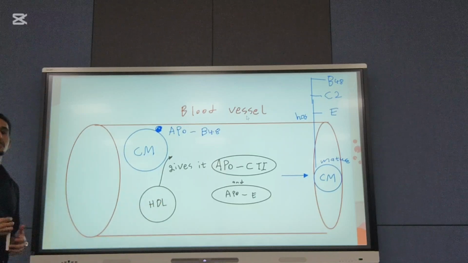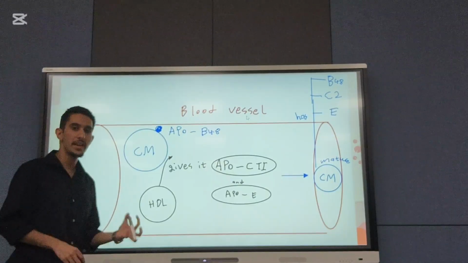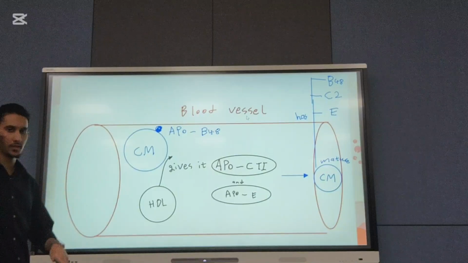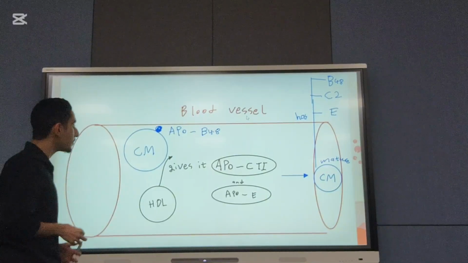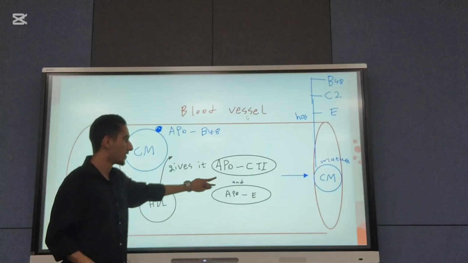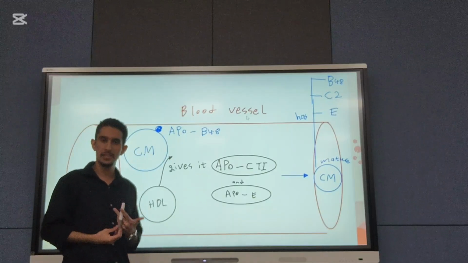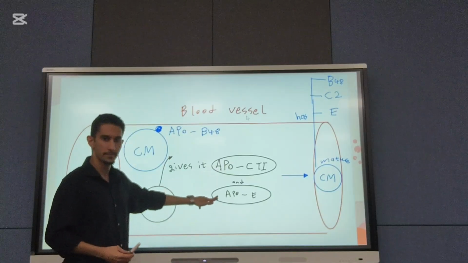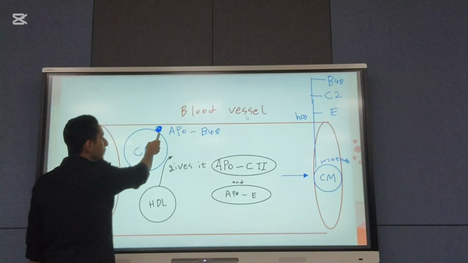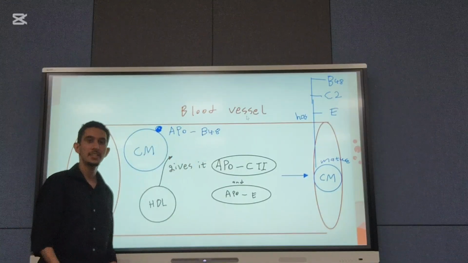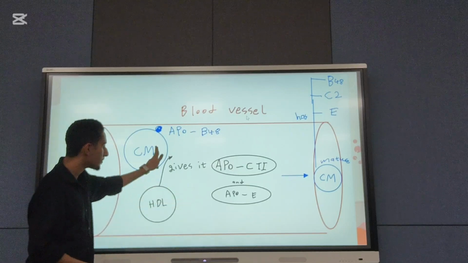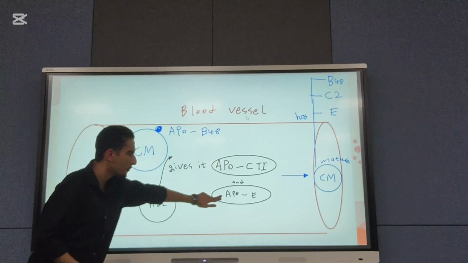What will HDL do? It will convert the immature chylomicron into a mature chylomicron by giving it the apoproteins C2 and E. So we have the chylomicron with apoprotein B48 at the beginning, it meets the HDL, and the HDL gives it ApoC2 and ApoE.